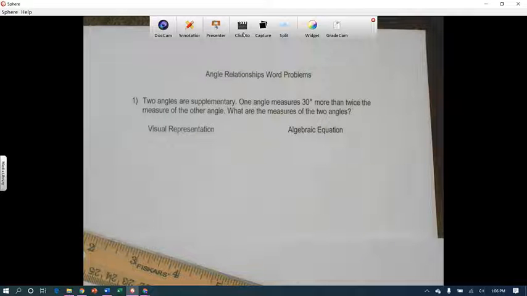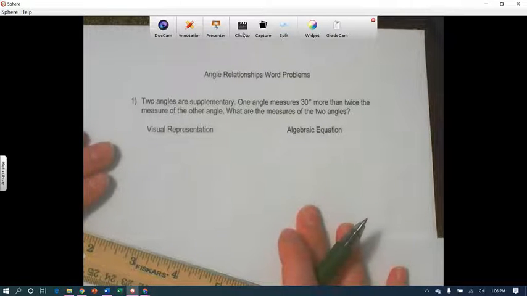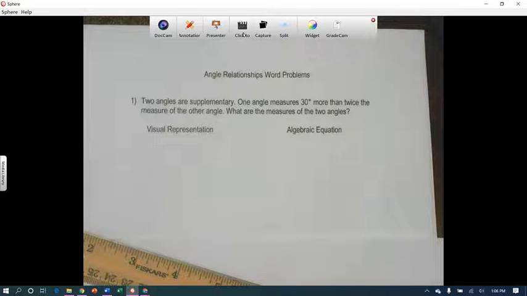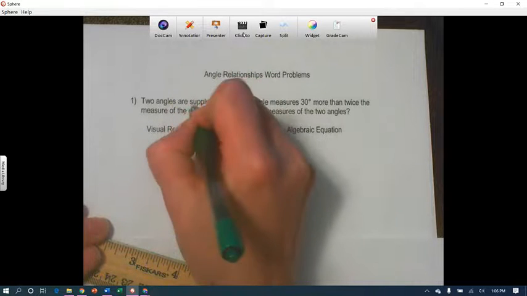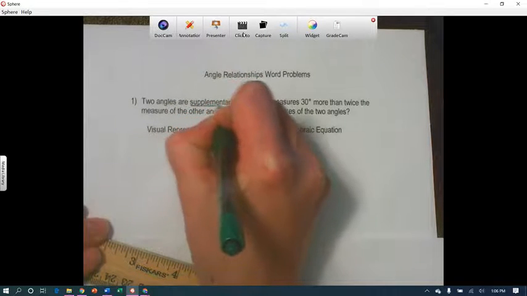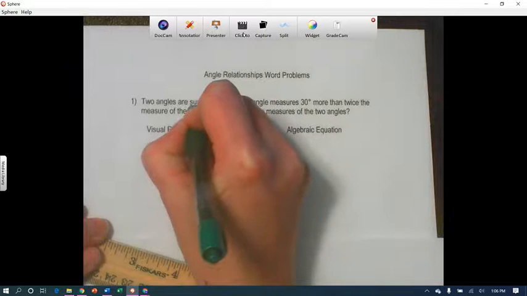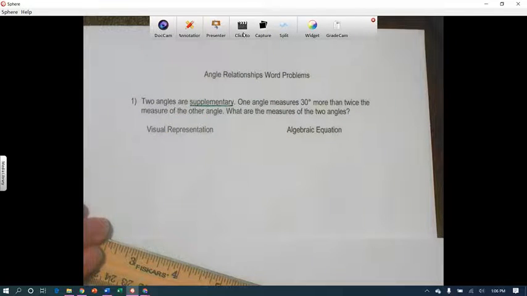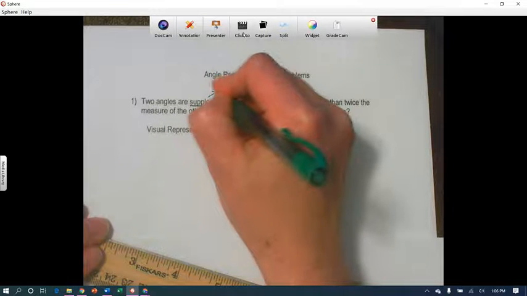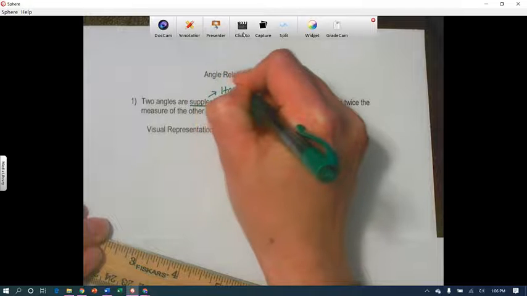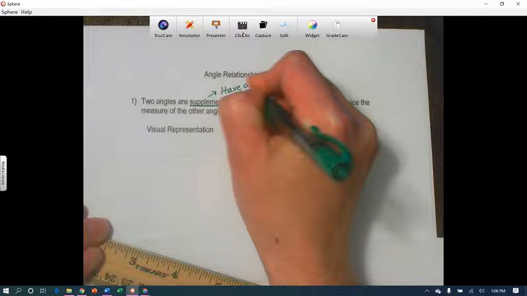So if we read this word problem, there are two angles and these are supplementary. So I'm going to underline that keyword supplementary, and remember that supplementary angles have a sum of 180 degrees.